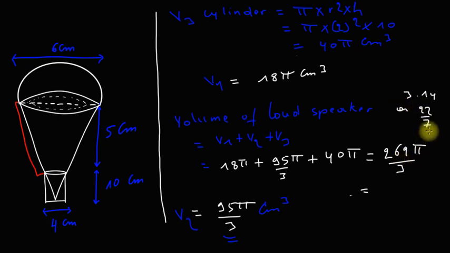You can substitute the value of pi here. You can multiply 3.14 or 22/7. So if I substitute the value of pi, I get 281.7 centimeter cubed. So this is the volume of the loudspeaker.